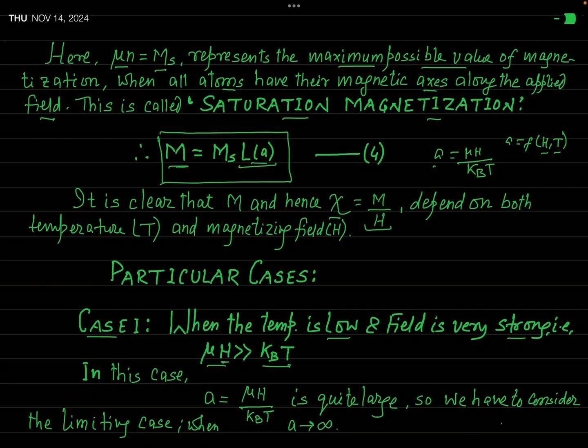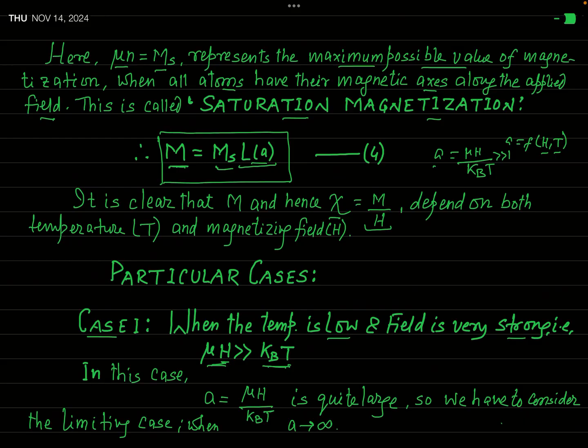Because the Langevin function decides the value of M, because Ms is a constant, this is mu times n, and L of a will vary in accordance with a, and a varies in accordance with H and T. So we have to find the value of the Langevin function under the condition when mu H is much greater than kB times T. Actually, when mu H is much greater than kB times T, you can see that this a will be much greater than 1, because mu H is much greater than kB times T.